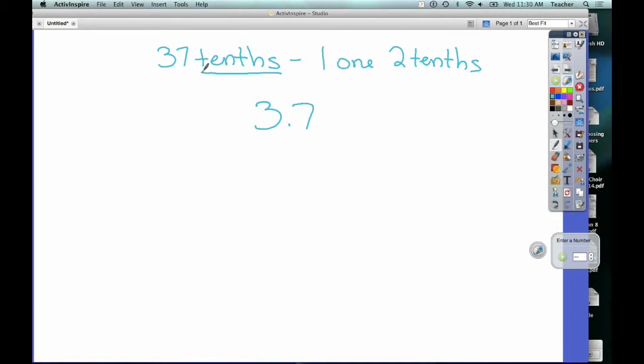But how many numbers do you usually have behind the decimal if it's in the tenths place? 1. So that's how you look at it, guys. If it's in a tenths place, there's 1 number behind the decimal. Right now I have 2 numbers, so I need 1 number behind the decimal, so it'd be 3 7/10.